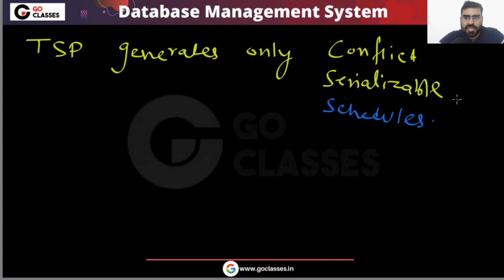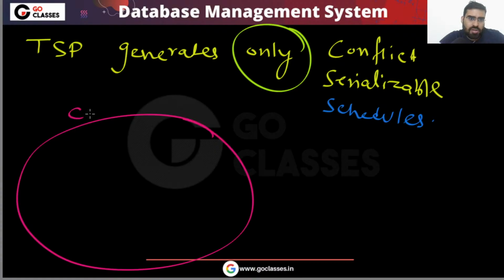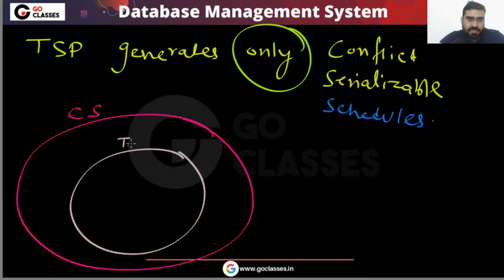This statement is correct. It will generate only conflict serializable schedules. So these are all the conflict serializable schedules. This is what TSP will generate. Whatever TSP generates will be conflict serializable.